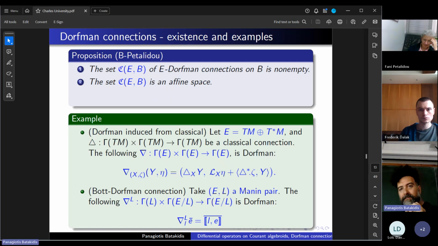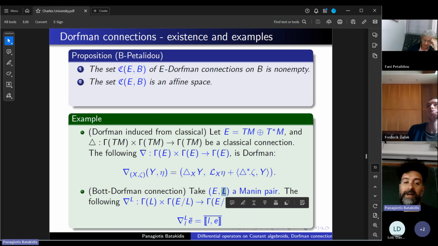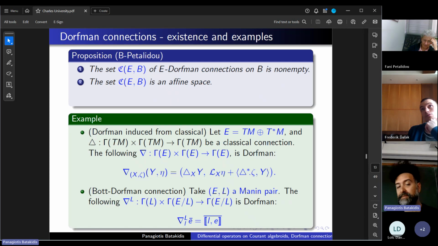Now, the idea for this connection basically came from the case of Lie algebroids. If you had a Lie pair, and I mean that if here you had just a Lie algebroid, let's call it again E for simplicity, and L was some Lie subalgebroid of E, then this connection would be linear. Okay, with the same definition.